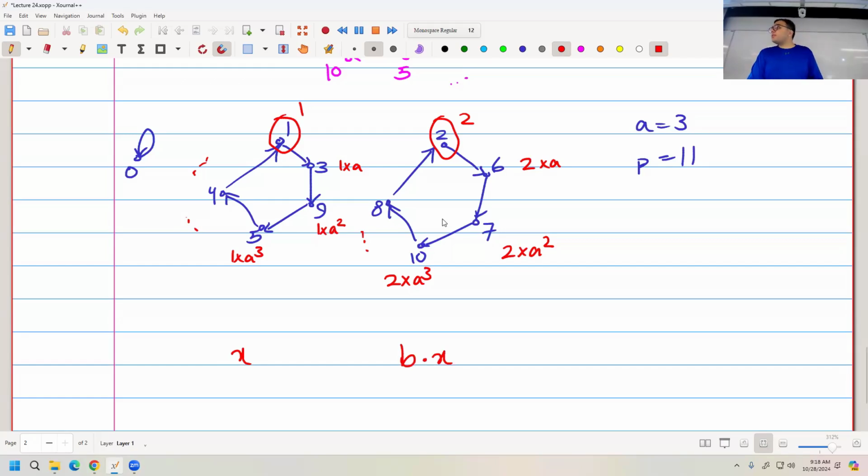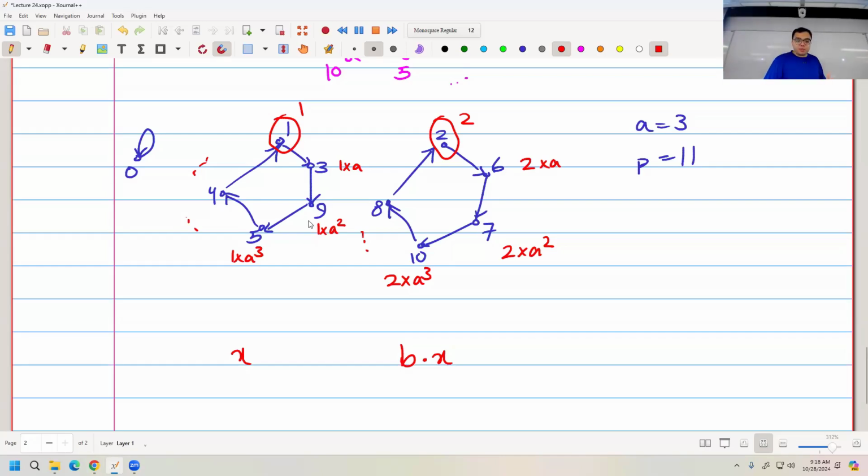Yes, because b is also relatively prime to p. So if I have b times x equal to b times y, I can cancel the b's, right? So I can say this for all of my cycles. No matter how many cycles I have, all of them are the same size. So the size of my cycles, whatever it is, has to be a divisor of p minus 1.